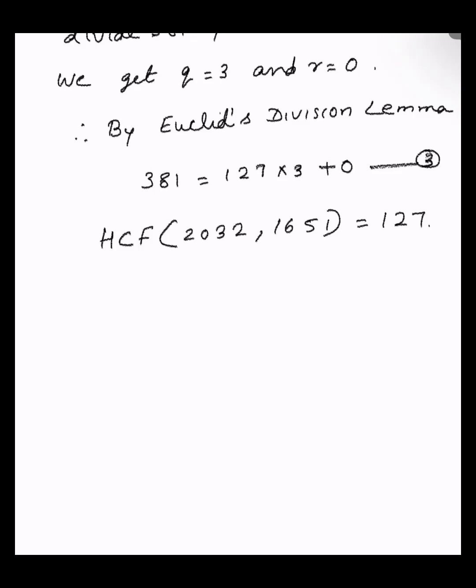So you have to express 127, the HCF, in terms of 1651m plus 2032n. So what you need to find out is the value of m and the value of n. That is the next step.